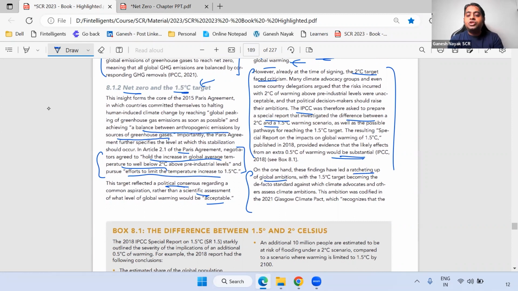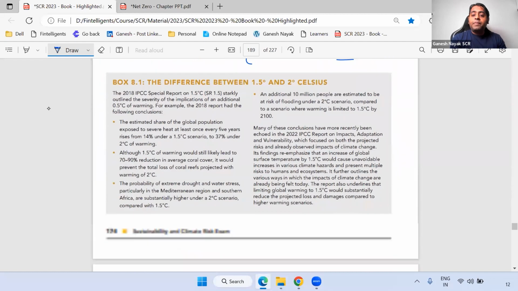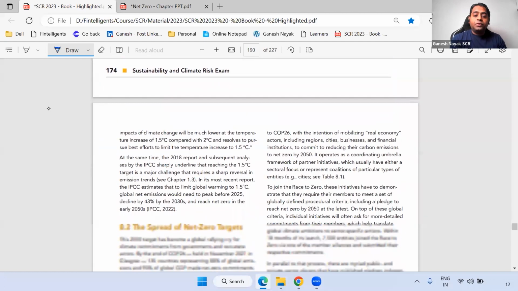Once they realized this, the ratcheting happened on global ambition. That means everybody started shifting to the 1.5 degree Celsius target, but ultimately this ambition was codified in the 2021 Glasgow Climate Pact. Even though the special report was there, the actual recognition of 1.5 degrees Celsius came in the 2021 Glasgow Climate Pact, and more information is given over here.